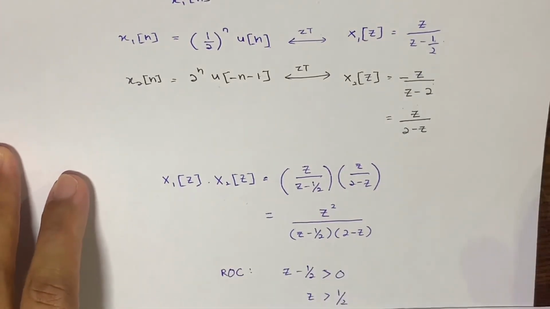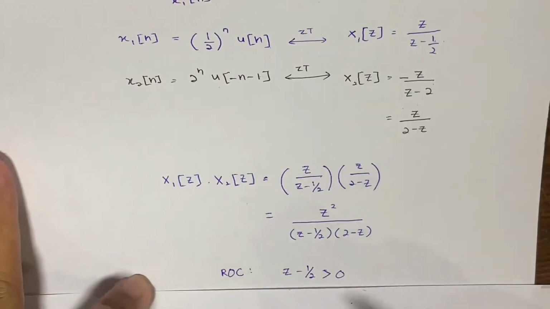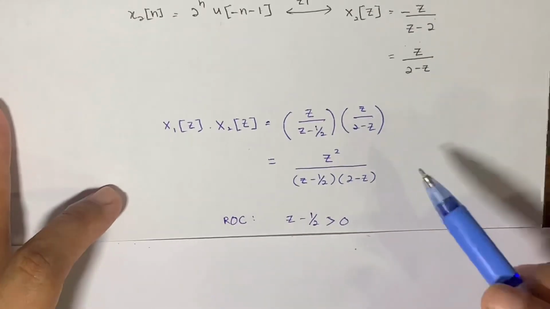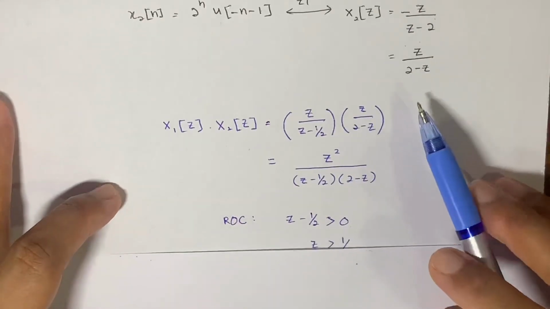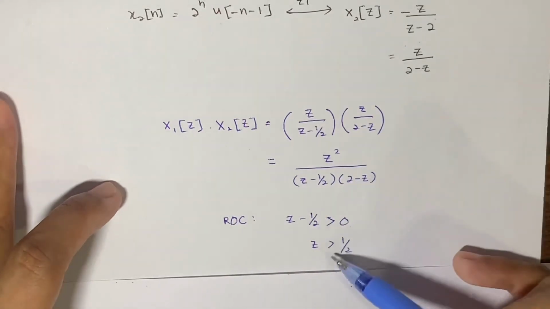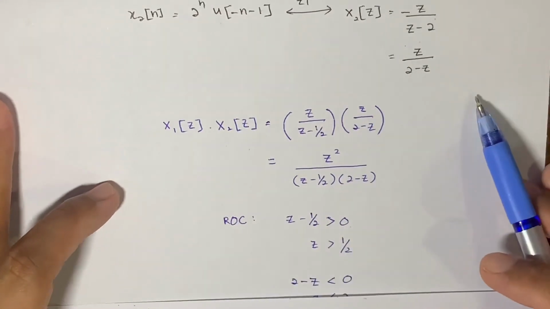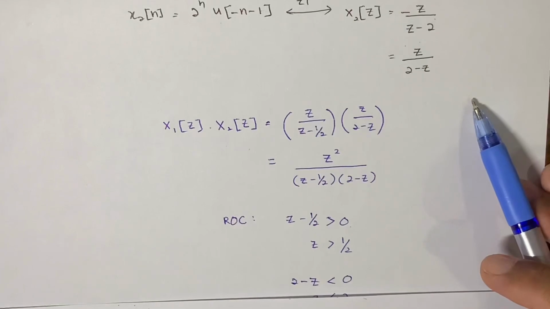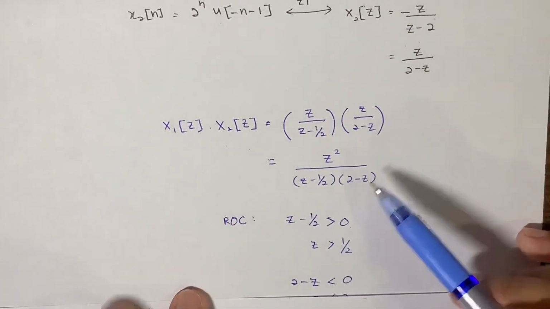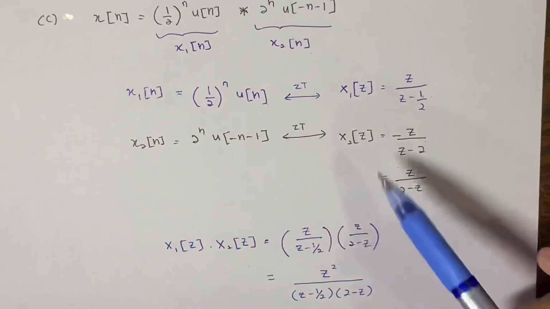And how to find the ROC? z minus 1 over 2 bigger than 0, so you will get z bigger than 1 over 2. But for this part, 2 minus z comes from this signal.